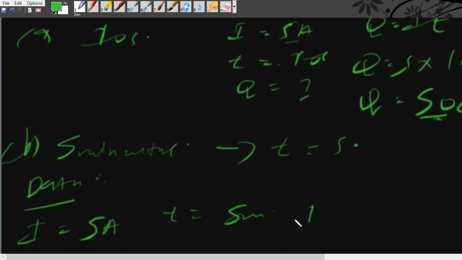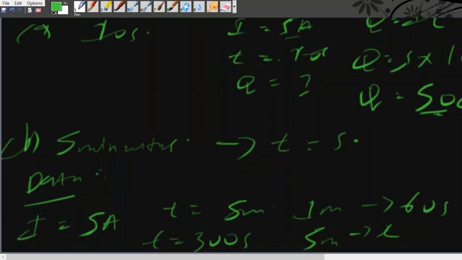We know that 1 minute is equal to 60 seconds, so our time in seconds is 60 multiplied by 5, which is 300 seconds.